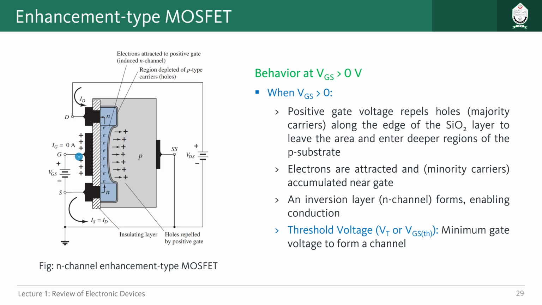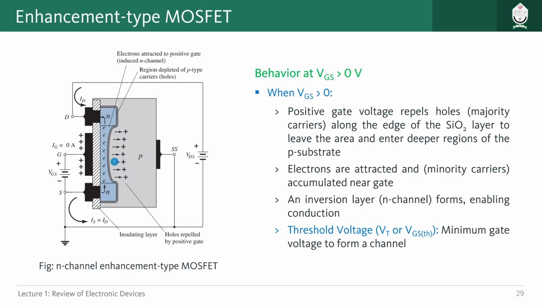As this voltage is positive and the substrate is connected with the source directly, there will be some potential difference between the gate and the substrate as well. So this positive voltage will try to repel all the holes from the substrate region and attract the electrons towards it.